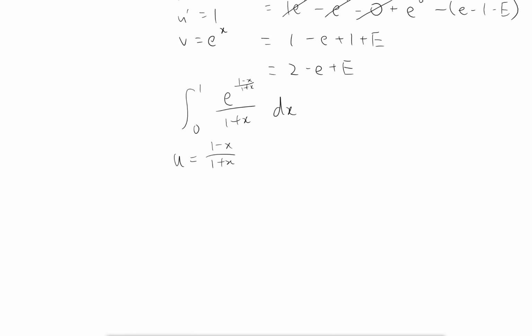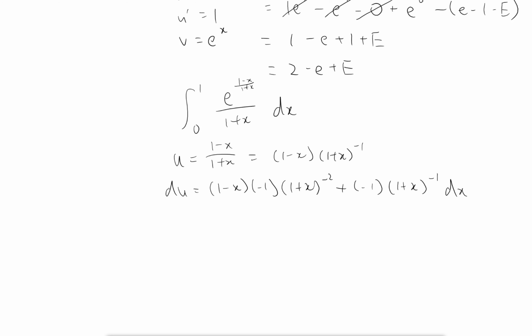So let's do a substitution. u equals 1 minus x on 1 plus x. So du would equal what? u equals 1 minus x times 1 plus x to the minus 1. So du would be equal to (1 minus x) times minus 1 times 1 plus x to the minus 2, plus minus 1 times 1 plus x to the minus 1, dx.